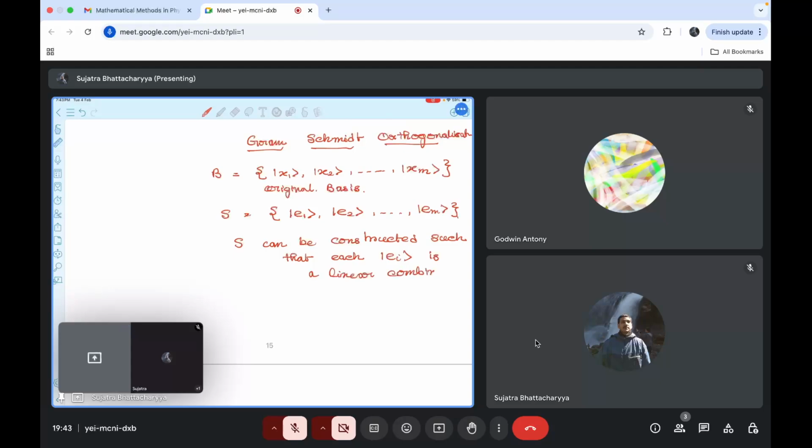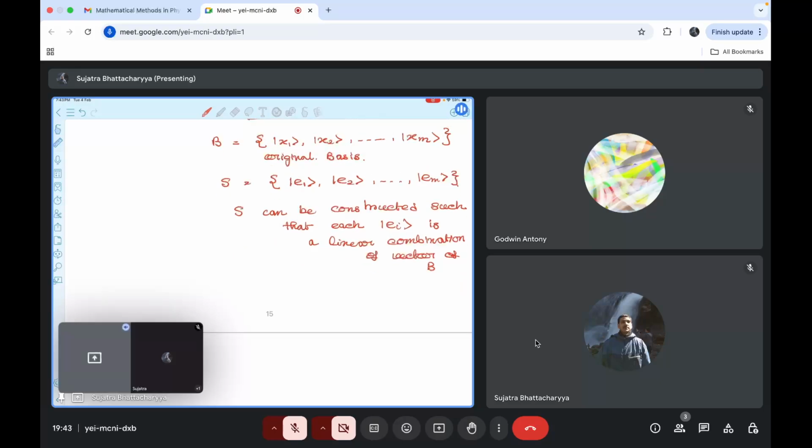That itself means that B spans S. And it forms a basis because these are linearly independent vectors.